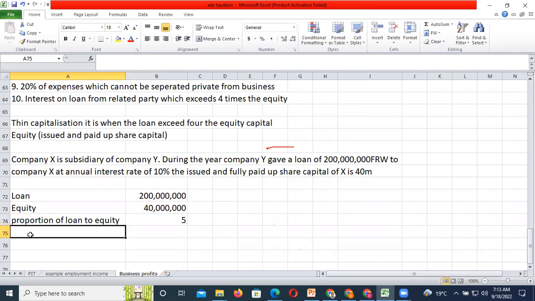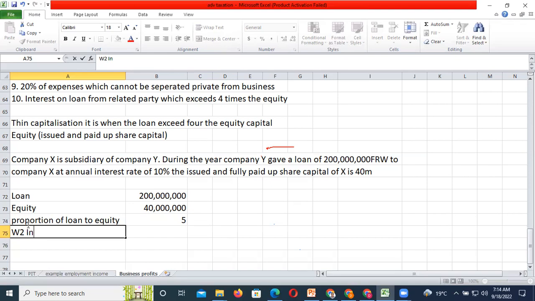Maybe in working number 2, which is interest or finance cost, depending on what the question is, you'll have interest paid on the loan, 200 million times the 10% interest rate.